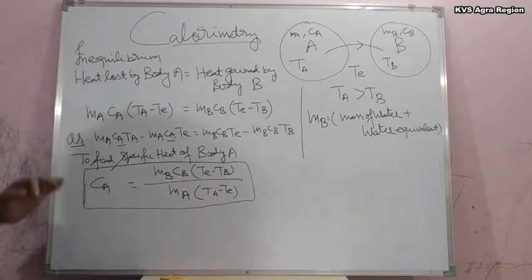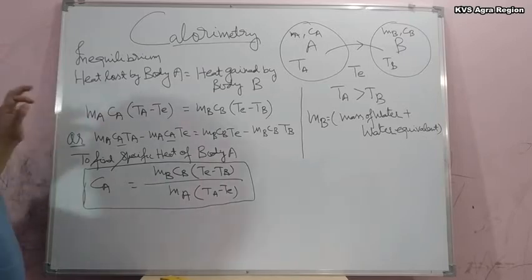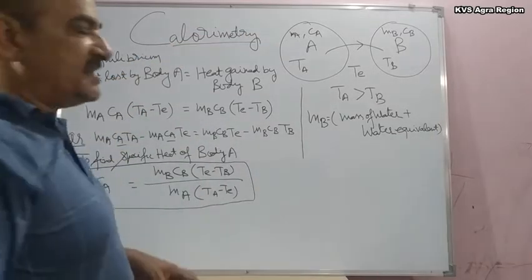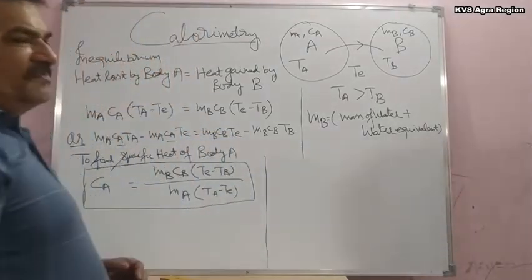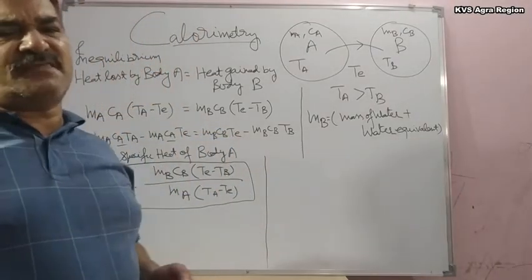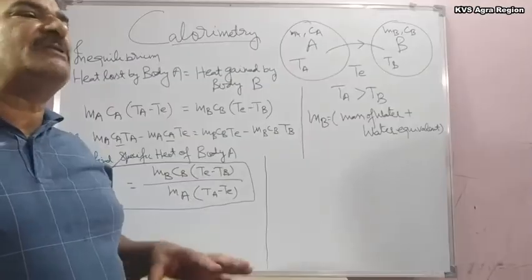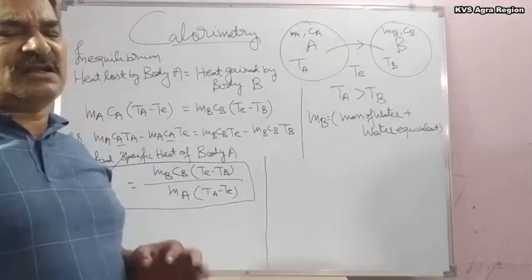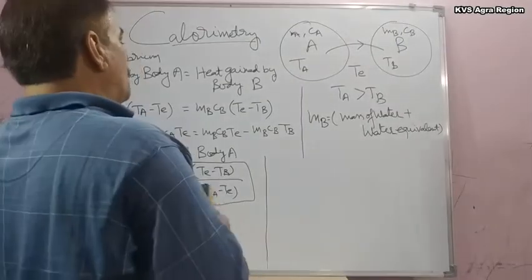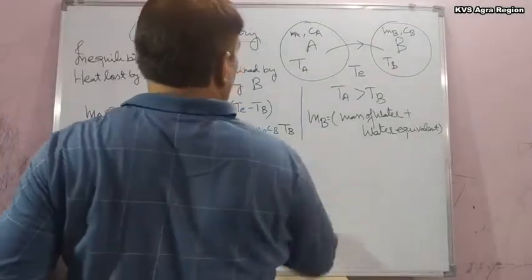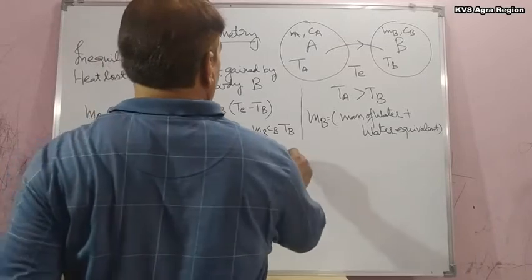Now, if we need to find the specific heat of body B, meaning the water in the container, or in place of water, as we know the specific heat of water, normally it is not asked for water, it is asked for other liquids.